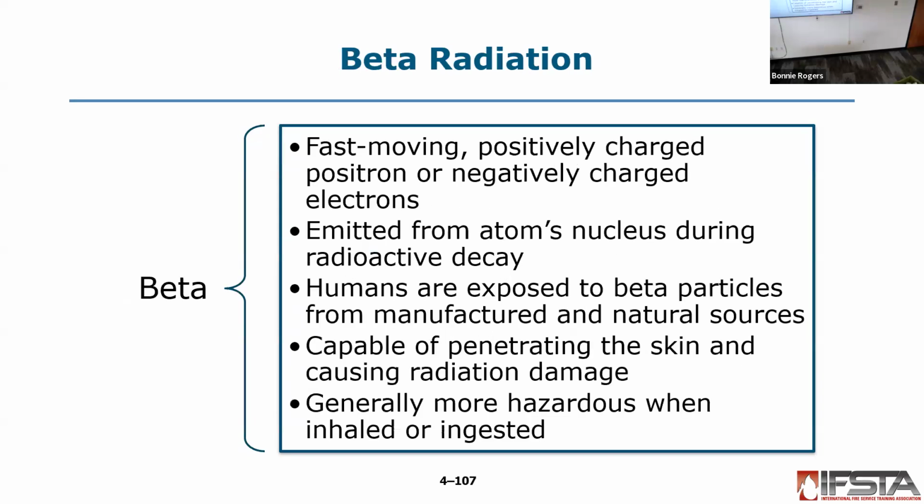Beta particles are fast moving, emitted from the atom's nucleus during radioactive decay. They can penetrate the skin, causing more damage, and again, more so if they're inhaled or ingested.